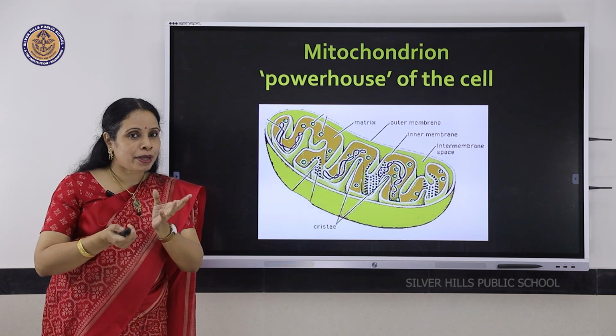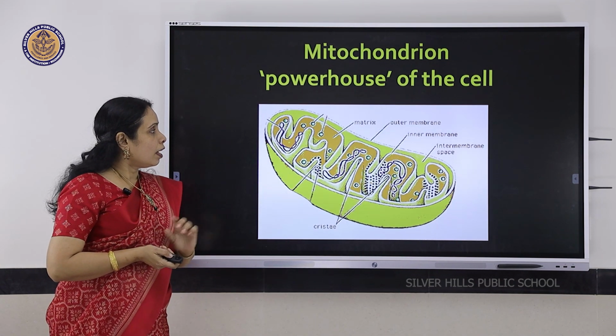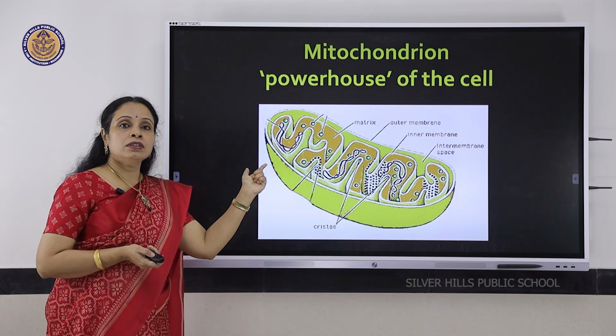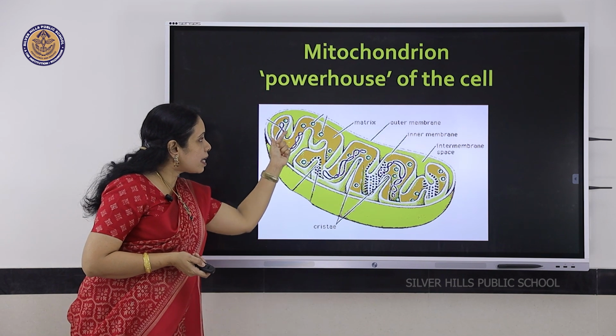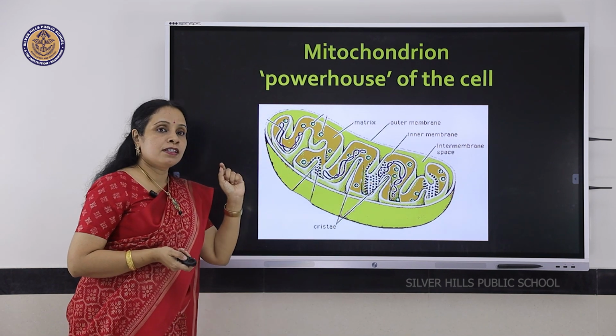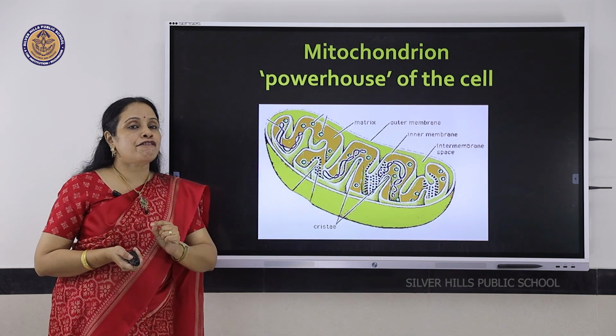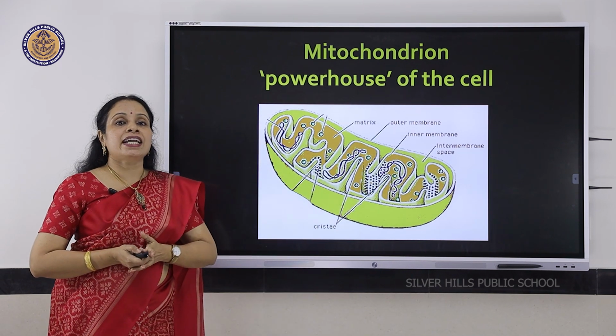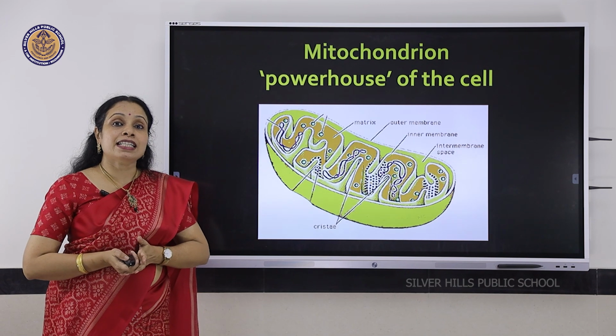It is semi-independent from the cell, and its outer membrane is smooth. The inner membrane has infoldings on which there are tiny F1 particles. That is where energy is created, ATP is created.